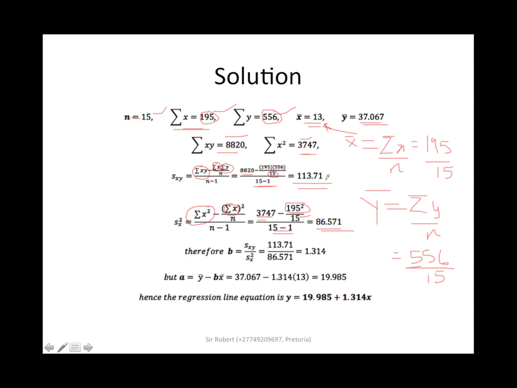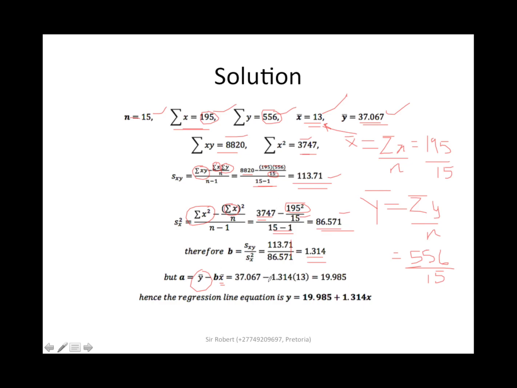You just say this one divided by this one, and when you simplify it, your b is equal to 1.314. We know that a is equal to y bar minus b x bar. Your y bar we've determined here, your x bar we've determined here, 13, and your b is this one.